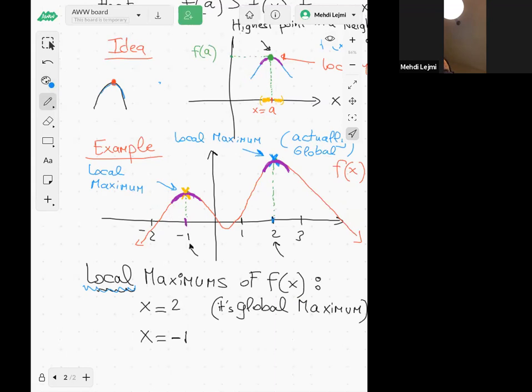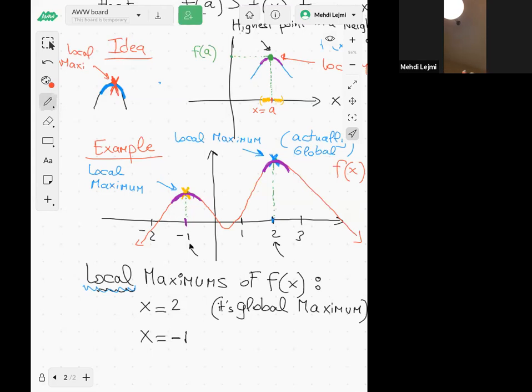You see this red point here? And this blue thing here is my small neighborhood around the point. This red point is a local maximum because it's the highest point in this blue neighborhood.